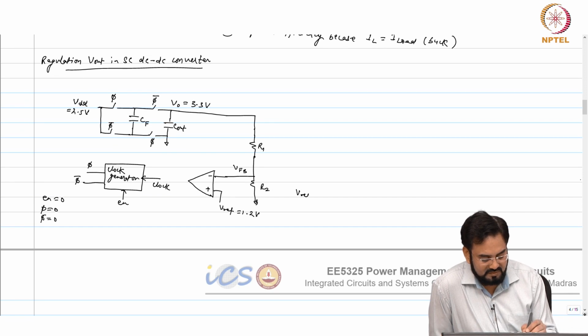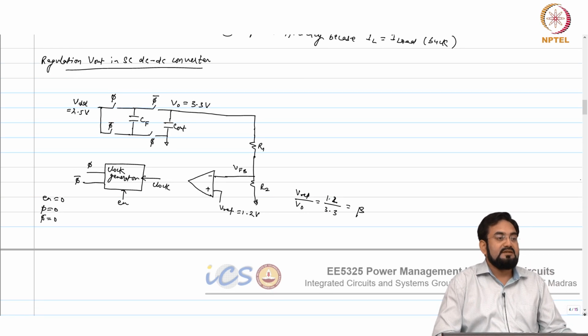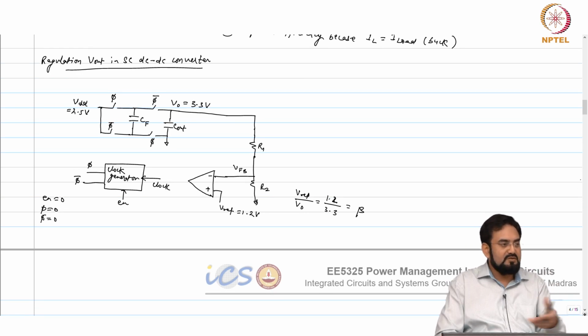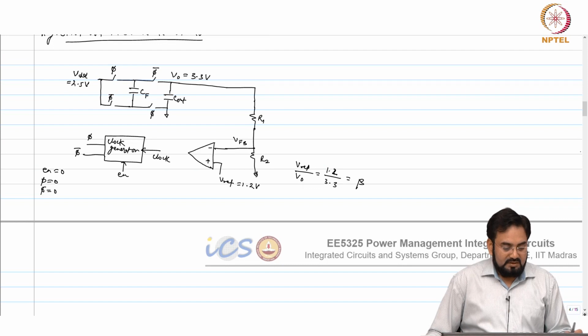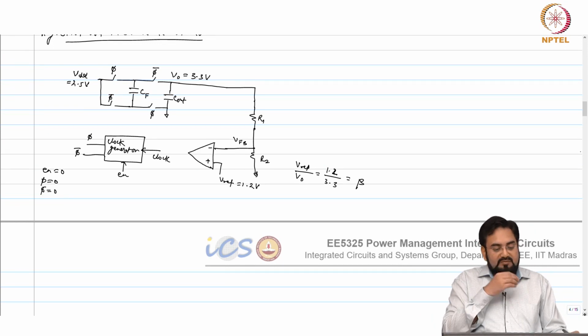So Vref over V out is 1.2 over 3.3. This is your beta. Okay. So you can choose the R1 R2 ratio based on this. So what do I need to do with the output of this comparator?